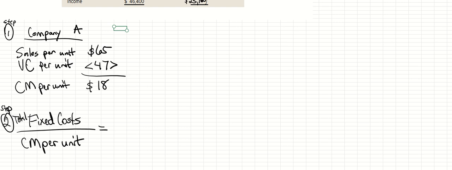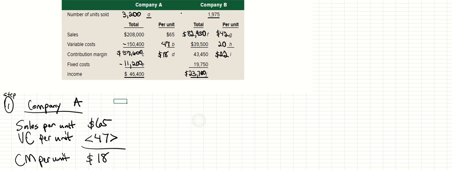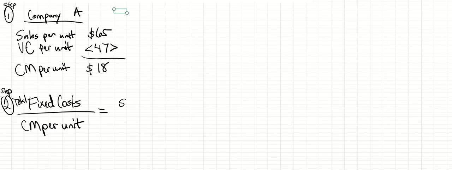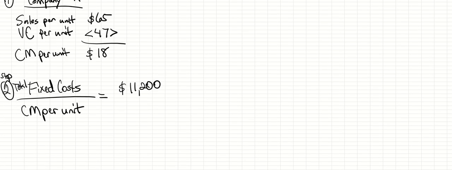So here, with this formula, total fixed costs for company A, we have, let's see, $11,200. That's up here for company A. And then our contribution margin per unit was done in step 1, which is $18.